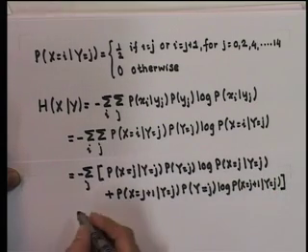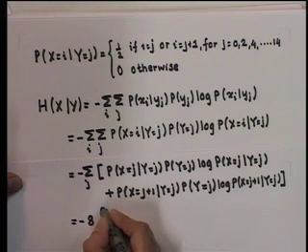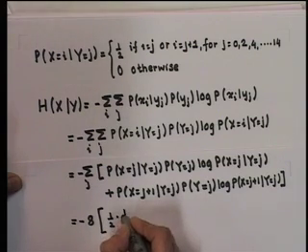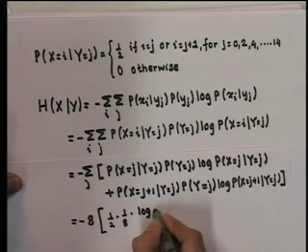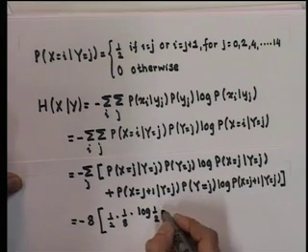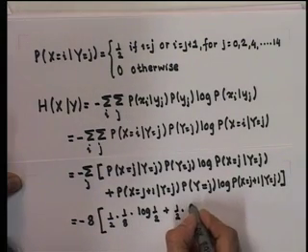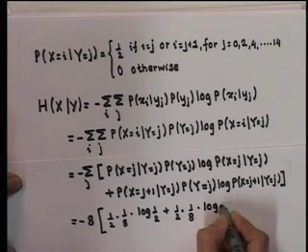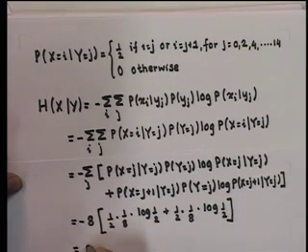This can be simplified as minus 8 times half into 1/8 into log of half plus half times 1/8 times log of half, which is equal to 1.